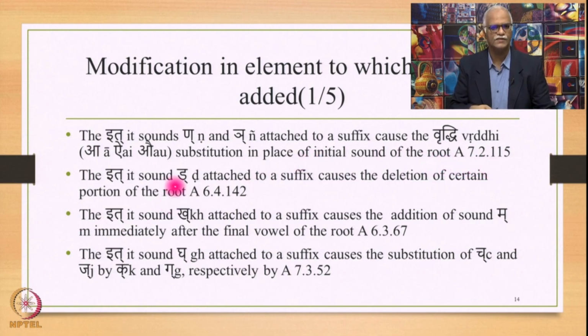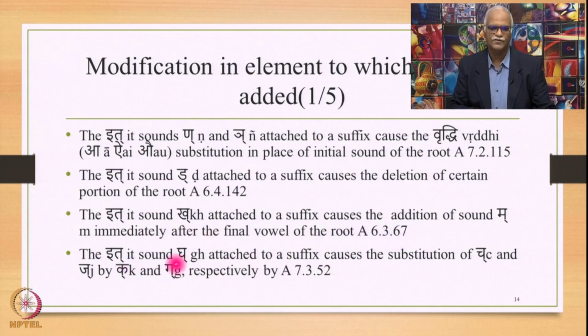Then we come to the sound ḍ, which is attached to a suffix. Then it causes the deletion of certain portion of the root stated by 6.4.142. Then we will look at the it sound kh attached to a suffix, which causes the addition of sound m immediately after the final vowel of the root stated by 6.3.67.